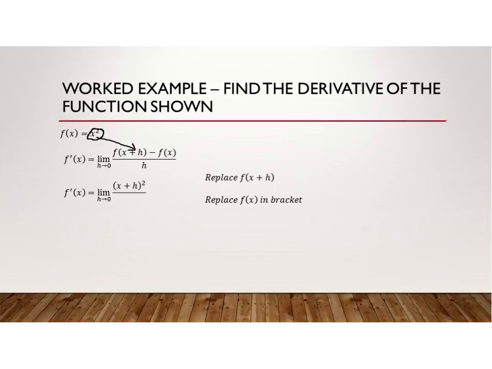The back half of the derivative becomes minus f of x. So that's the minus of whatever the function is, which is x squared. So it becomes minus x squared over h.